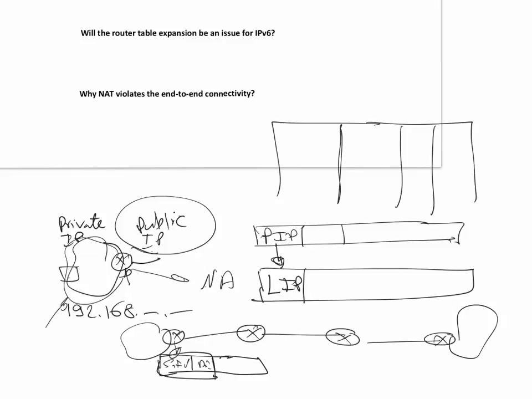So this NAT table has supposedly two columns that says this private IP has been changed to this public IP. So on the way back, I will have to change the public IP back to private IP.